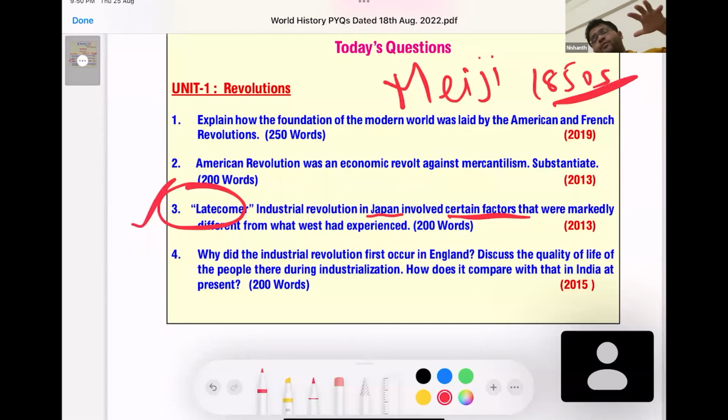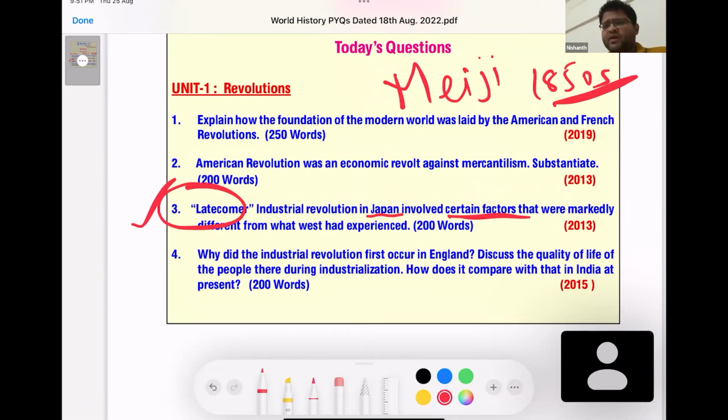The outcome of the Western industrial revolution was the growth of a capitalist class who were significantly richer than the working class. But the Japanese industrial revolution was more social when compared to the Western industrial revolution.